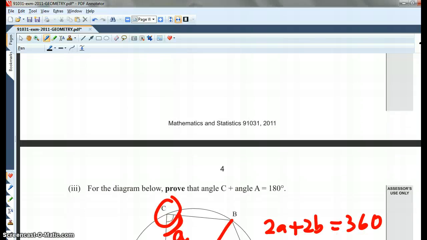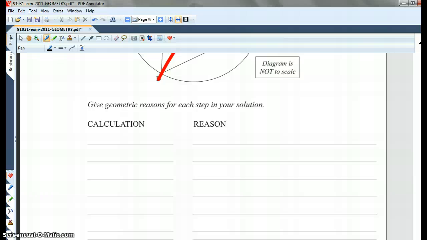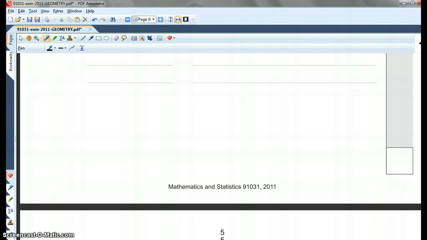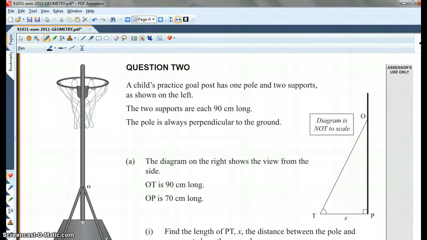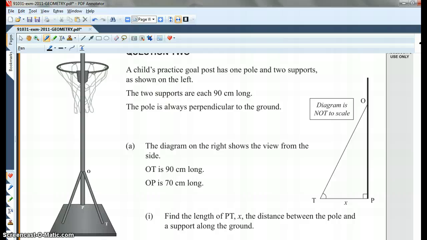Okay, so question 2, when we get to it. A child's practice goalpost has 1 pole and 2 supports, as shown on the left. So there's your pole and there's your 2 supports. The 2 supports are 90 centimetres long each. Okay.